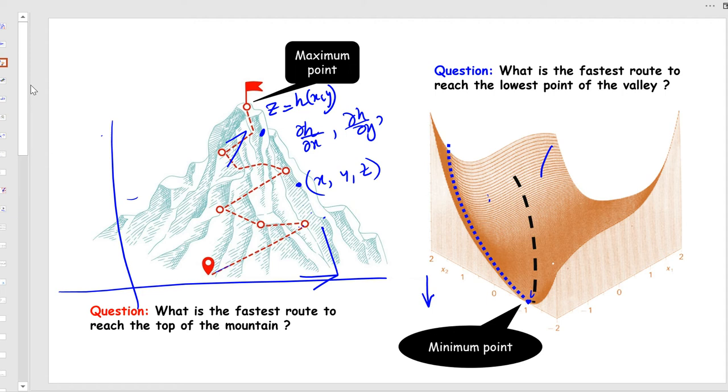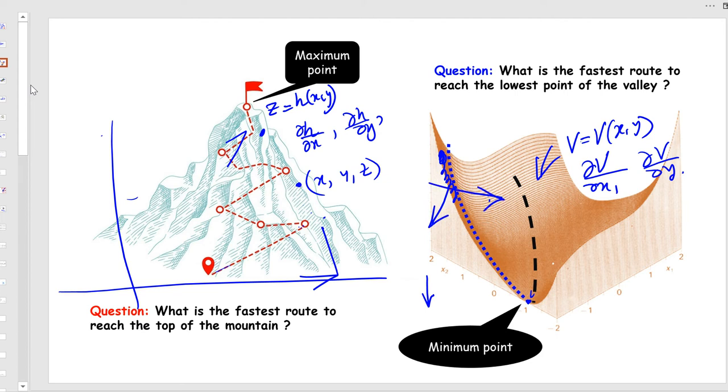Similarly, you can go down this valley. The minimum point in the valley you can find as v of x and y. There you will try to find ∂v/∂x and ∂v/∂y. If you move along this direction, you look at the tangent: how much it changes in the x direction, how much in the y direction.